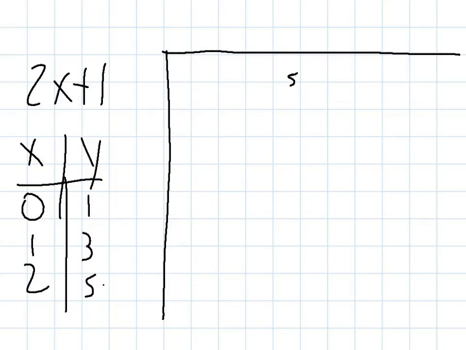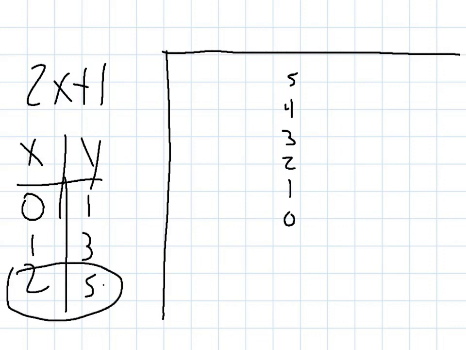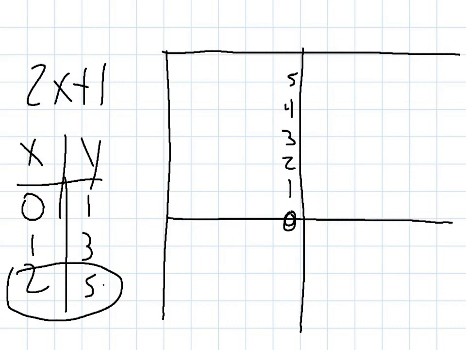So this is 5, 4, 3, 2, 1, 0. Now I know that I'm going to be able to plot this dot right here on a graph. And then I'm just going to draw my line up and down this way. And wherever I see 0, that's where I draw my x-axis. And 1, 2, 3, 4, 5.